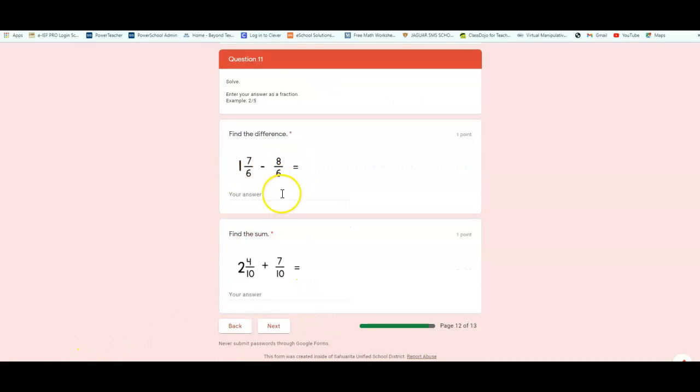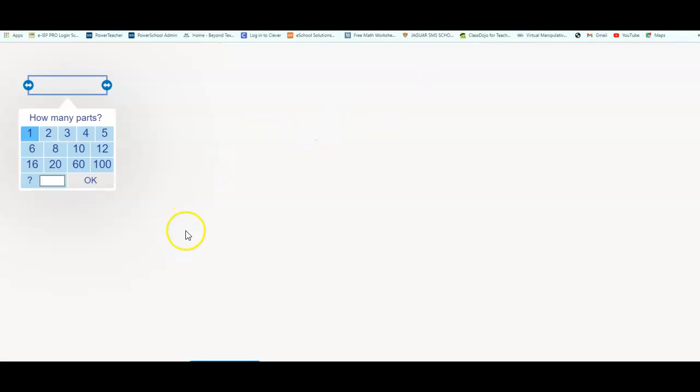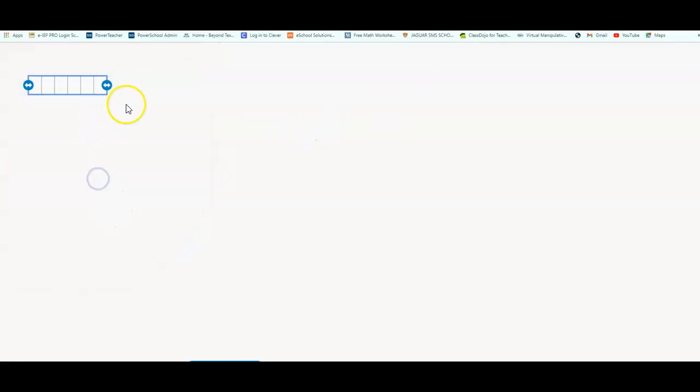Okay, question 11. Find the difference. 1 7/6 minus 8/6. Remember, you can use your fraction page to help you if you're stuck with remembering how to do this.